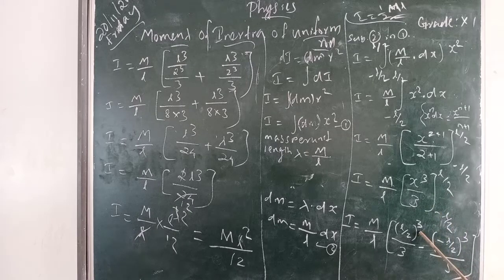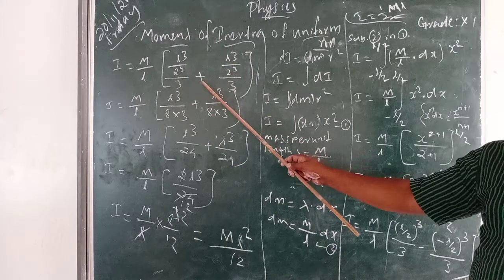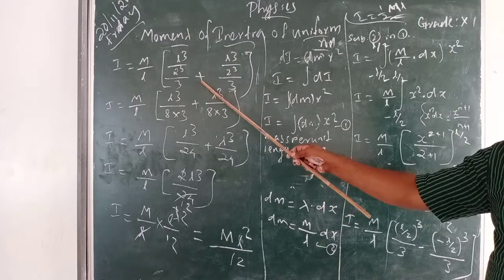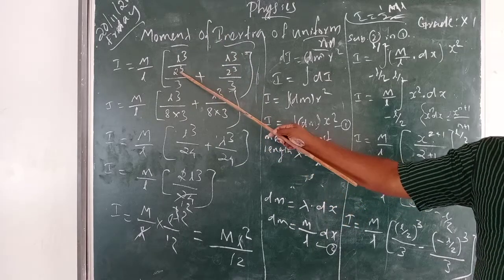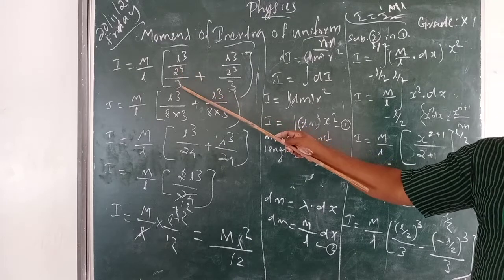Now what do we have to apply? The upper limit and lower limit. Instead of x cube, L by 2 cube. So here minus L by 2 cube, and in the next step you see L cube by 2 cube, L cube by 2 cube, and minus into minus becomes plus. 2 cube is 8. It is also a denominator.